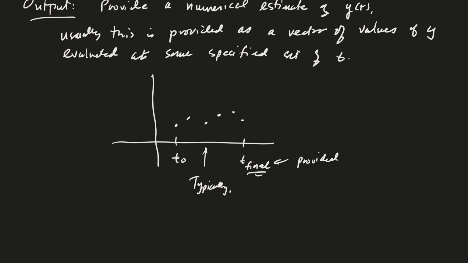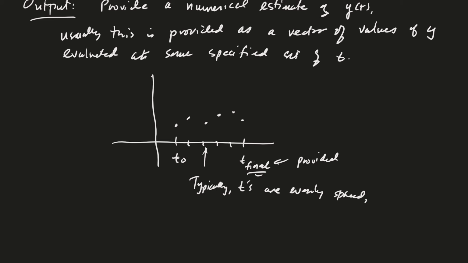Typically, the time values, t's, are evenly spaced, although they don't necessarily need to be, but we'll see that later, I think. There's some ways of adapting the step size so that when the function's nice, you can use large step sizes, and when the function is getting bad somehow, we'll try to squeeze together the step size. But that's later. I don't want to get into that right now. So typically t's are evenly spaced.